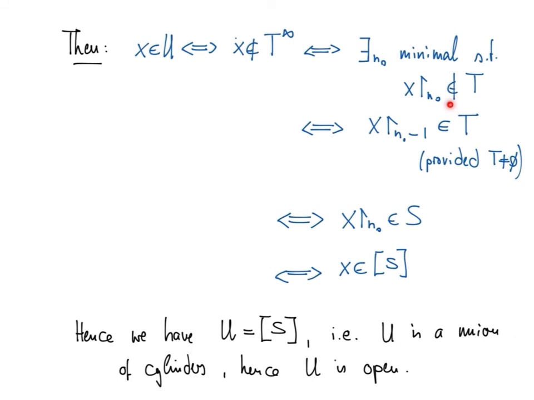But these two conditions together exactly constitute that x up to n0 is in S, because x up to n0 is not in T, but its immediate predecessor is in T. So x up to n0 is in S, which implies that x is in the open set induced by S, namely the union of open cylinders induced by strings in S. From this we can conclude that U is in fact equal to the open set induced by the strings in S. So U is a union of cylinders, and hence U is open. That's exactly what we wanted to show.